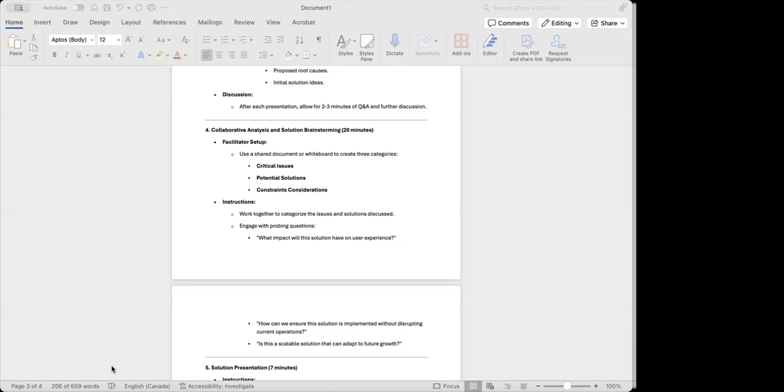I think the solution for that would be, since this is more of a technical issue, we have to collaborate with the software development team to use more optimized tools to make sure the payment gateway is enabled for faster payment processes, because the issue is that the payment process is slow.